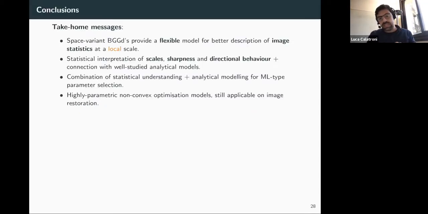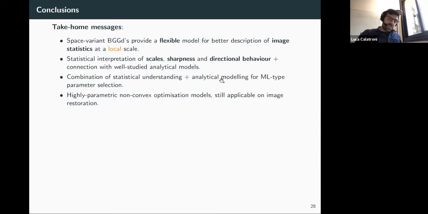So the main message of this presentation was somehow to unify the many contributions that have been done over the last years on space variant models for improving TV reconstruction from different viewpoints, and in particular providing it with a sort of statistical interpretation linked to the use of space variant bivariate generalized Gaussian distributions, characterized by some local features, in particular scale, sharpness parameter, and directional behavior.